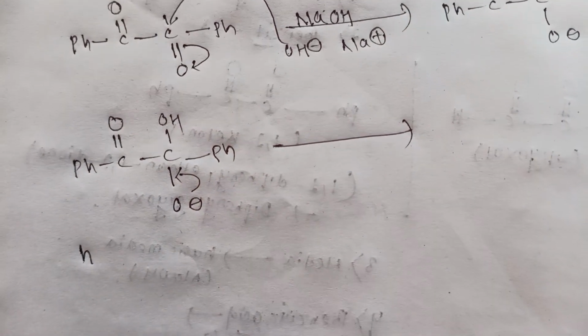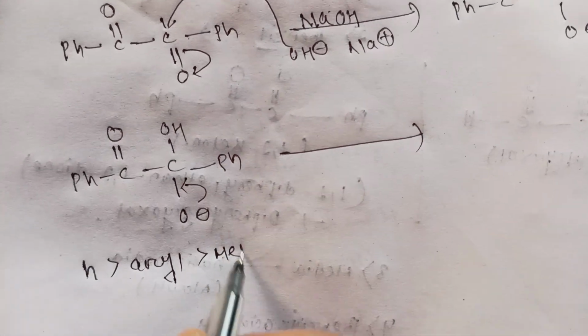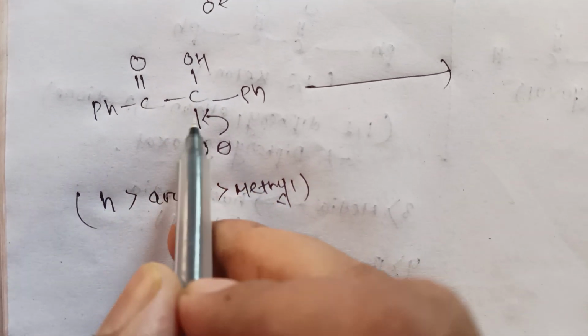In the previous video I said that hydrides have more shifting ability than aryl, and then finally methyl or alkyl. Here you can see there is no hydride, there is hydroxide, so it will not shift.